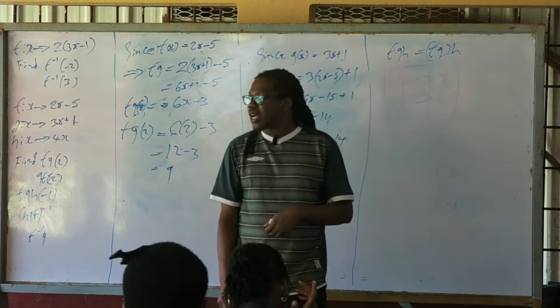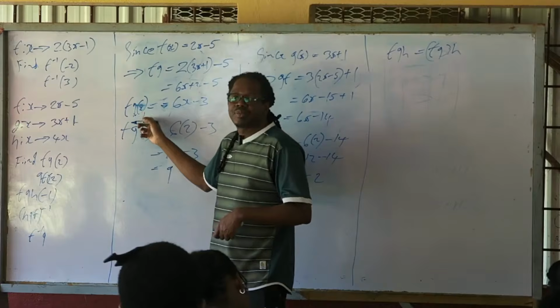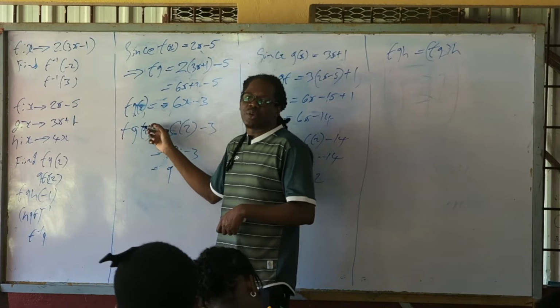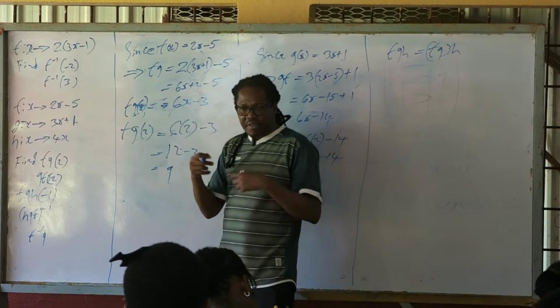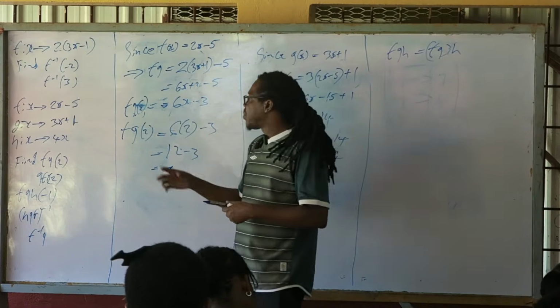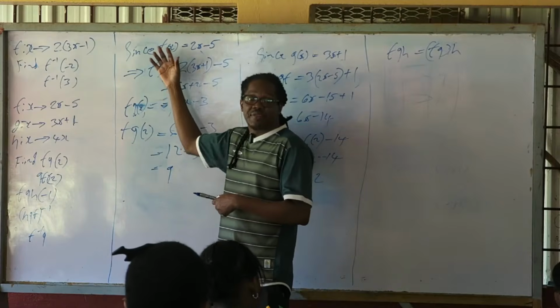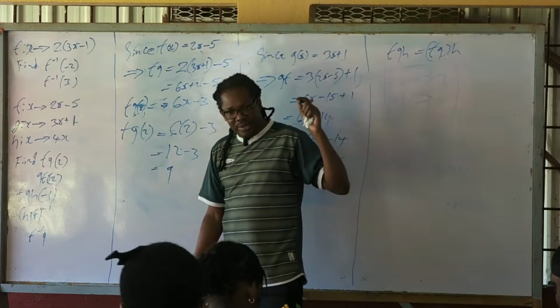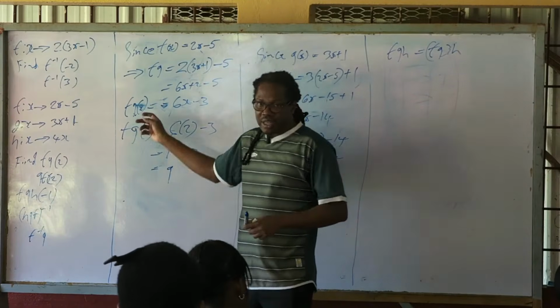That's important because we already found f of g. So now that we found f of g, all we have to do is to now impose h. Now you have to look for these things in CXC because they have a way of giving you one thing, and when you find that again, nobody go back and work that over again. Are you understanding that?